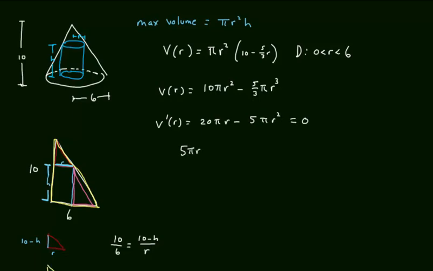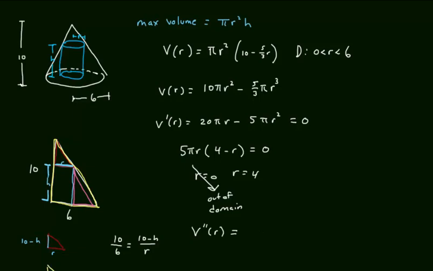Factor. We have two zeros, r equals 0 or r equals 4, but the r equals 0 is out of domain. One critical point, and with the non-technology questions, I prefer the second derivative test to verify.